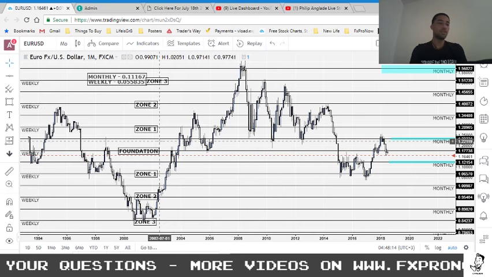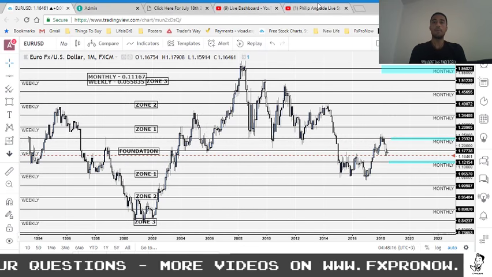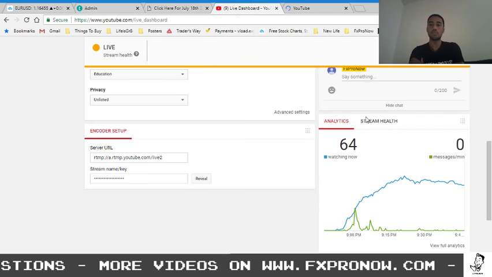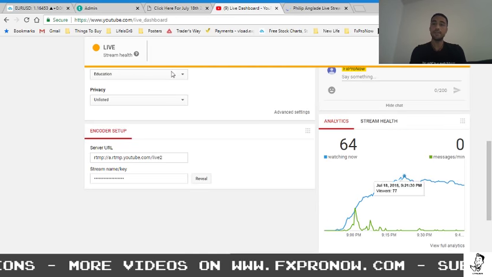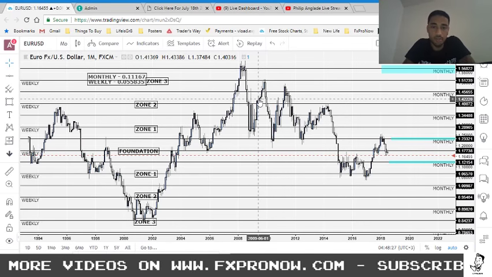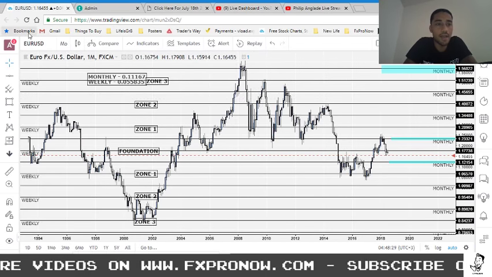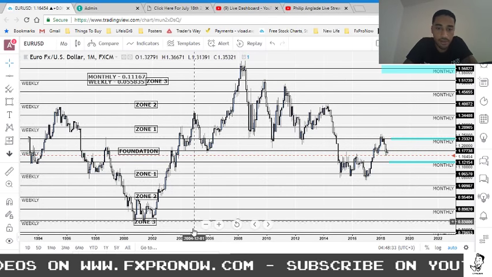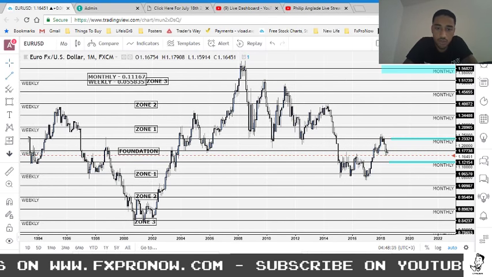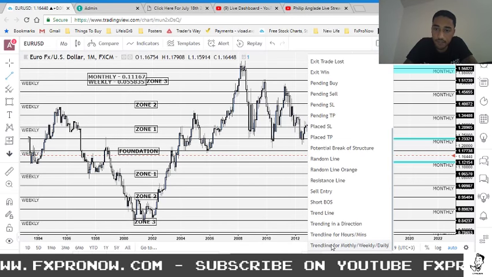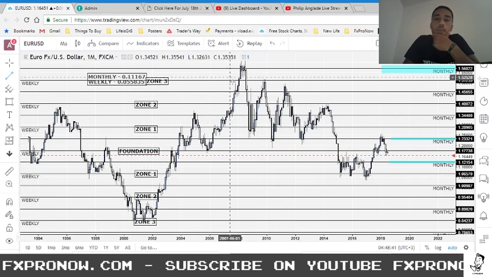Right now that we have the monthly and weekly key levels, I'm going to start marking up the chart a little bit and seeing, okay, what do we have right now? So what I have here is I have a trend line for my monthly.